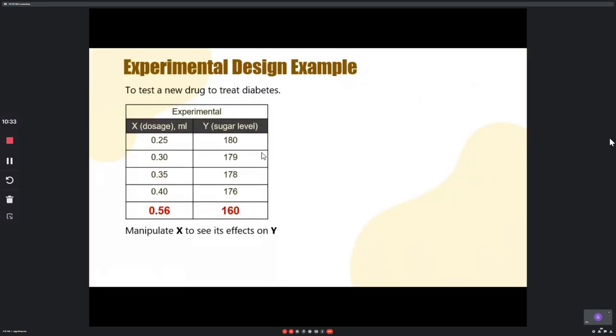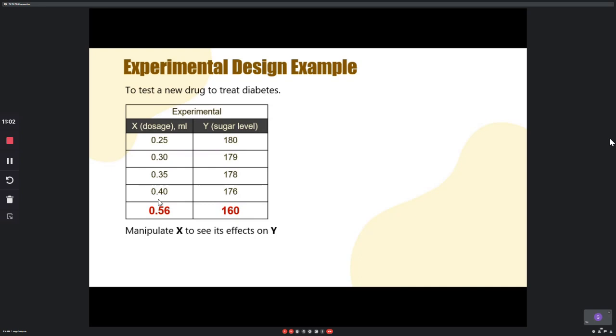Let's take a look at the experimental design example. We want to test a new drug to treat diabetes. In this experiment, we are going to adjust the different dosages of the new drug, and we measure the sugar level, Y, of the participants.